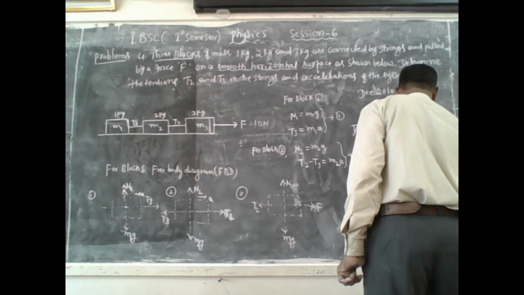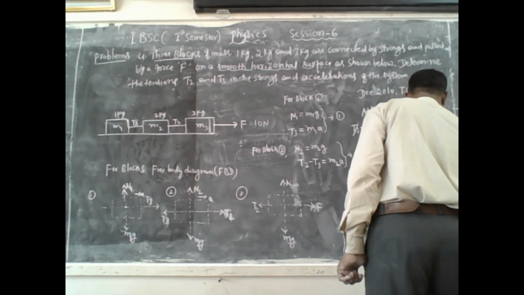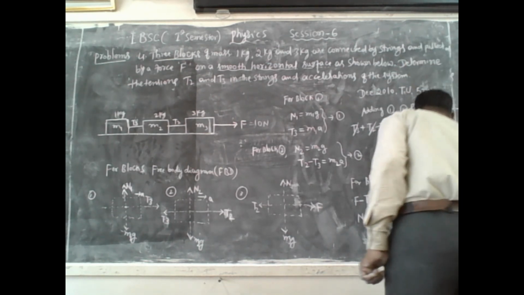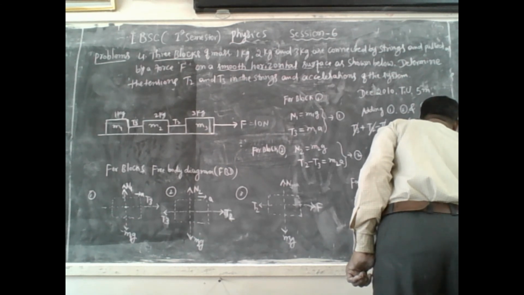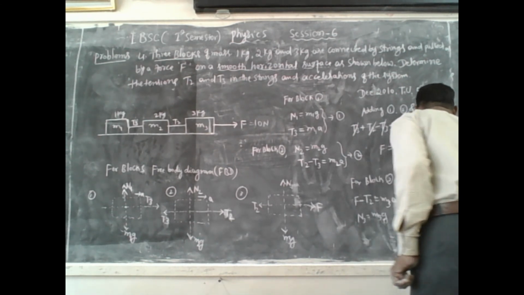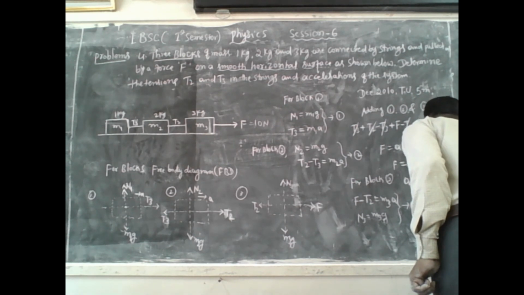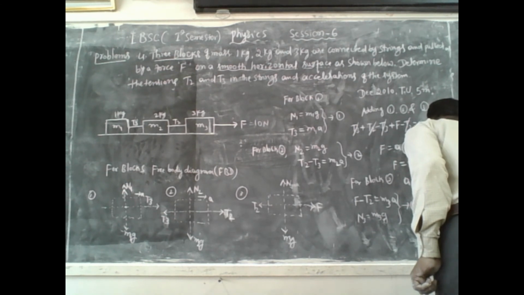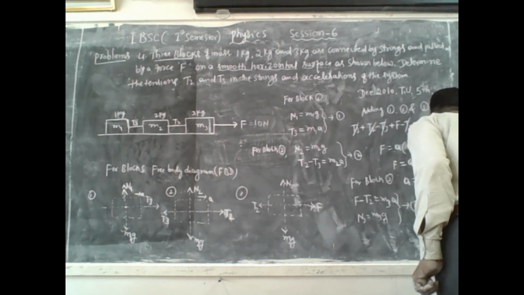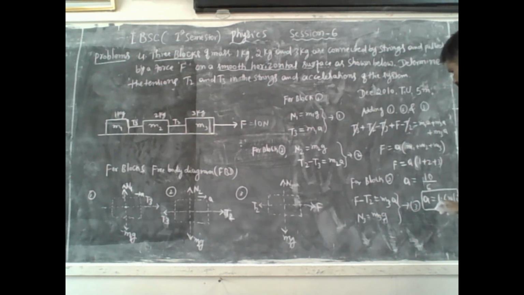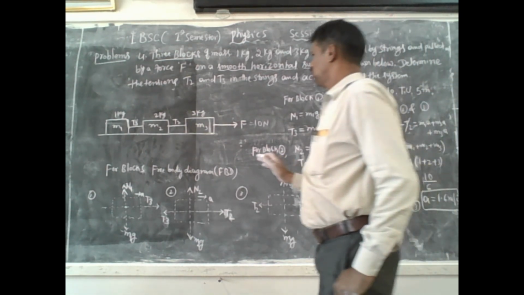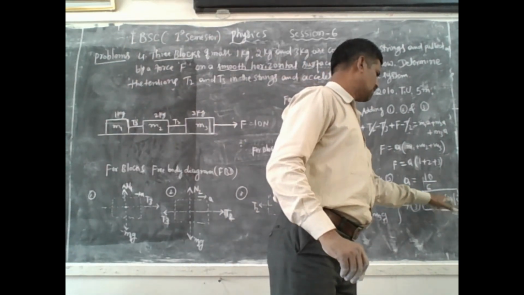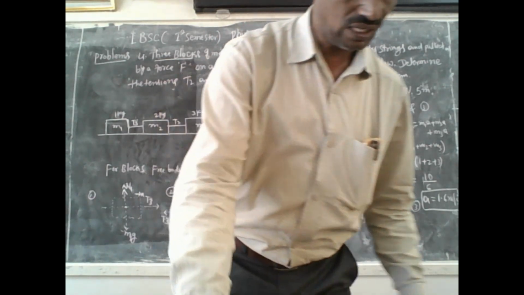A is equal to 10 divided by 6, or A equals 1.66 meter per second square. So this is the acceleration of the 3 blocks, isn't it?